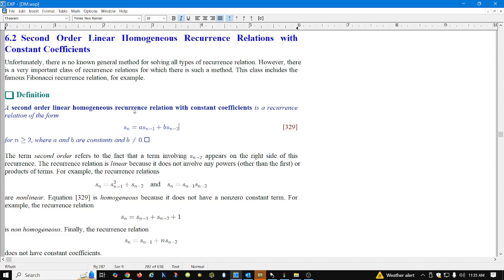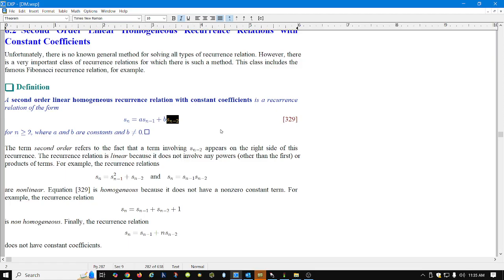The term second order refers to the fact that this member of the sequence is present, Sn minus 2. The Sn minus 1 term may be missing because a could be 0. The recurrence is linear because it doesn't involve any powers of the terms in the sequence, other than the first power, of course, or products of members.